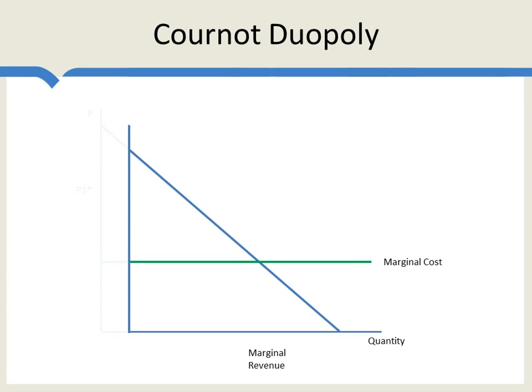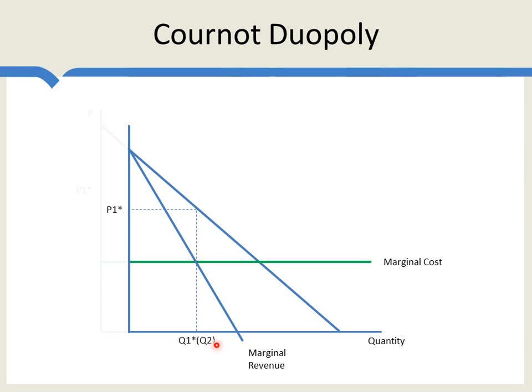This is the residual demand curve. It's the demand curve left over when we subtract the Q2 units which are being produced by firm number 2. With this residual demand curve, there's a residual marginal revenue curve. And once we have that, we can calculate the new optimal price and quantity.